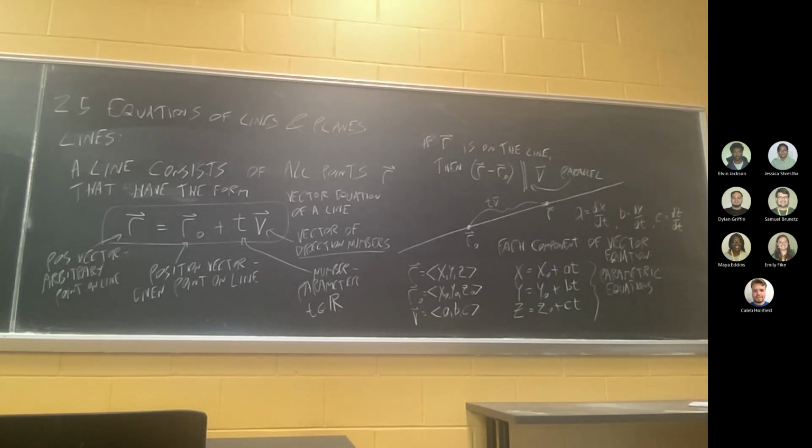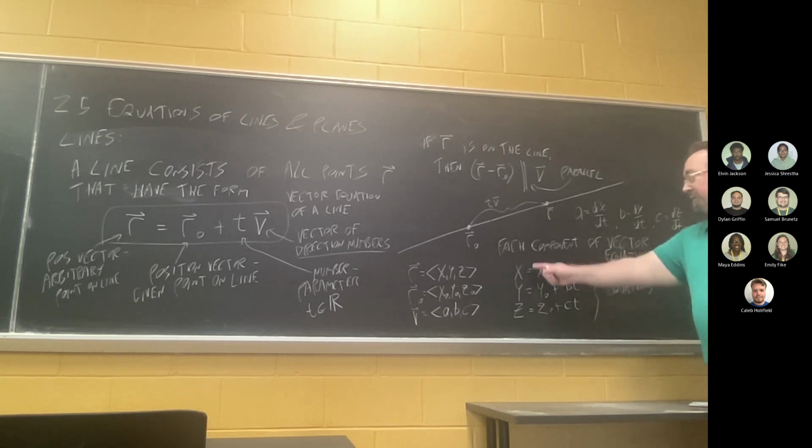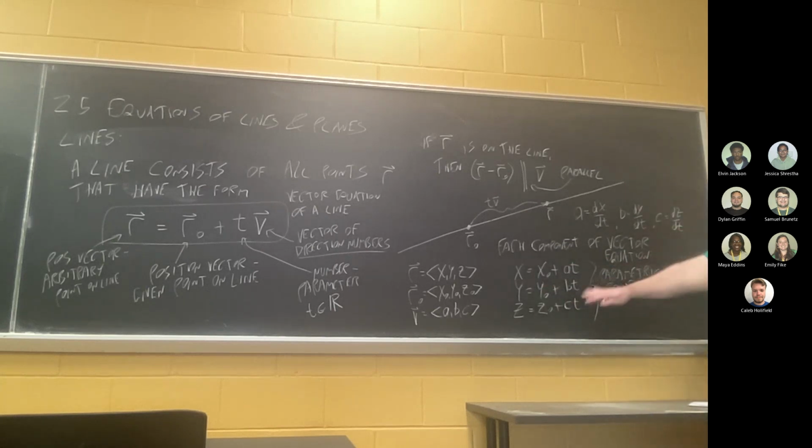Now, let's see how well you remember your Calc 1. I'm describing lines in the most general case of 3 dimensions, but let's suppose we're dealing with a line that's only in 2 dimensions. So in that case, we only have an x component and a y component. So forget about z.